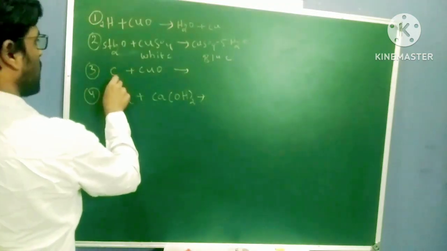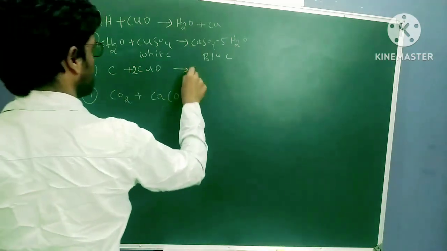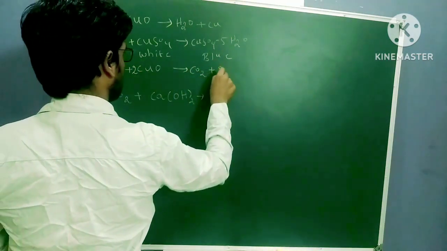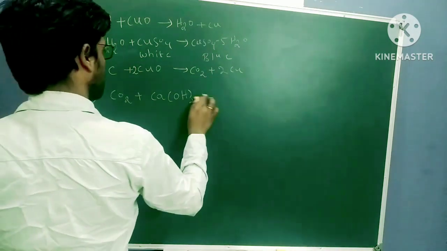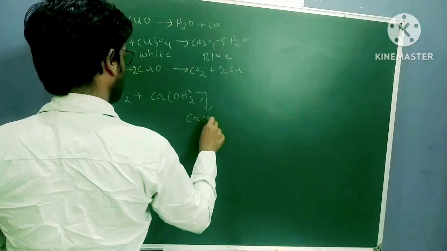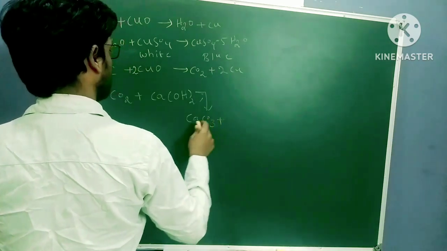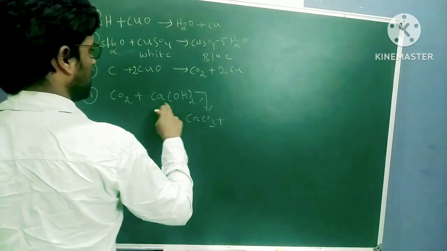Next, here carbon, 2CuO gives CO2 plus 2Cu. So the final reaction, this is CaCO3 plus H2O.